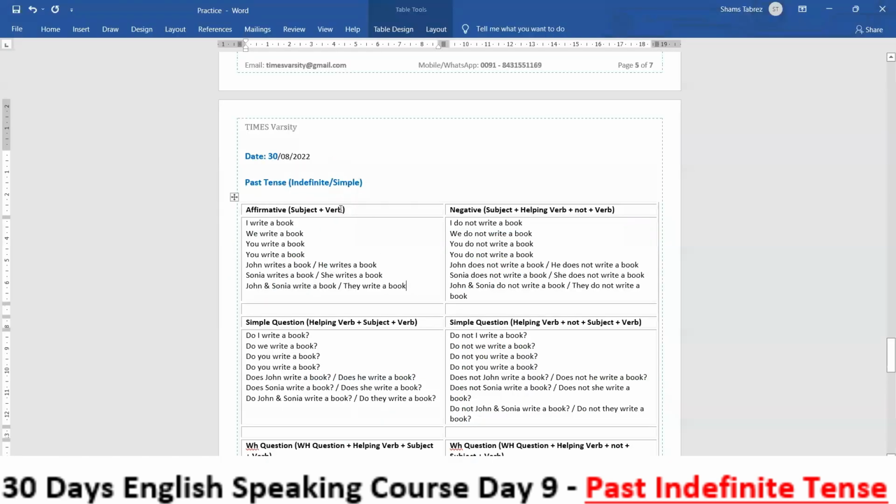Now, next volunteer. Naveed, it's your turn. Please make a sentence in past indefinite tense by using verb, right. Yeah, Naveed.